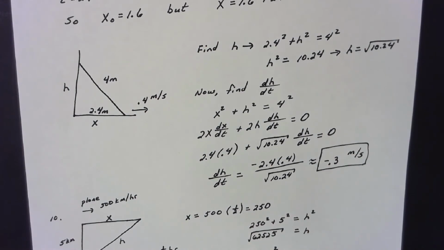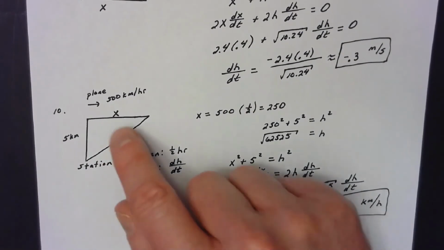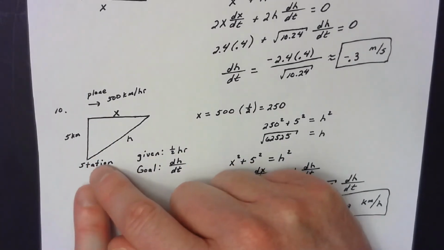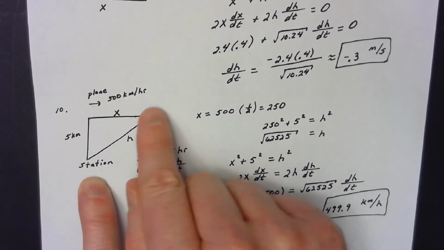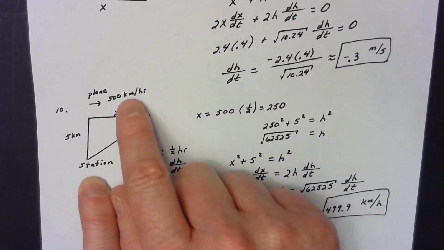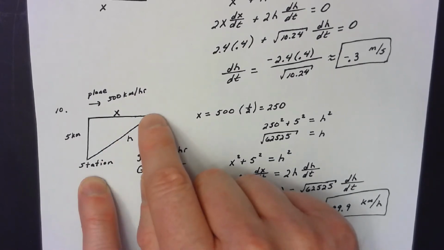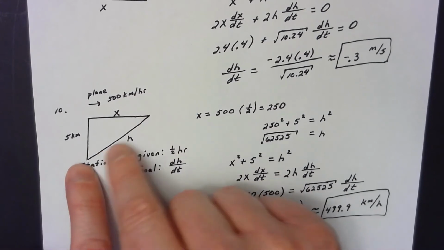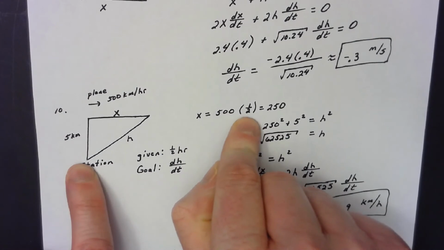Okay, next problem, number 10 here. To explain what the problem said, you have a plane flying over a station at a rate of 500 kilometers per hour. Now, you're trying to find out how fast the distance between the plane and the station is increasing after 1/2 of an hour.